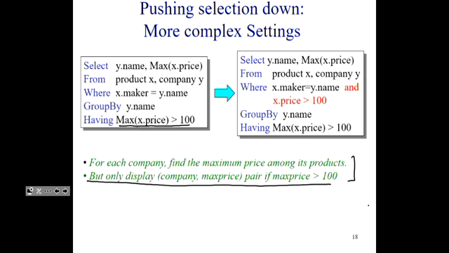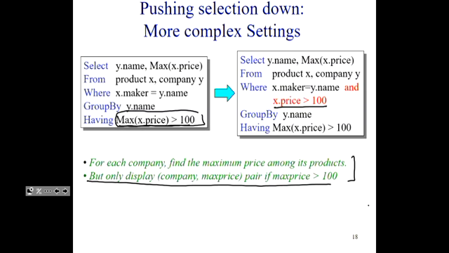So one way to rewrite this expression is to notice this having clause and say, look, in order for this having clause to make sense, the only tuples I'm interested in are those where x dot price is greater than 100. And since x dot price greater than 100 is a clause that I can apply early on, I can take this x dot price greater than 100, add it to the where clause. This will help me simplify the intermediate result.